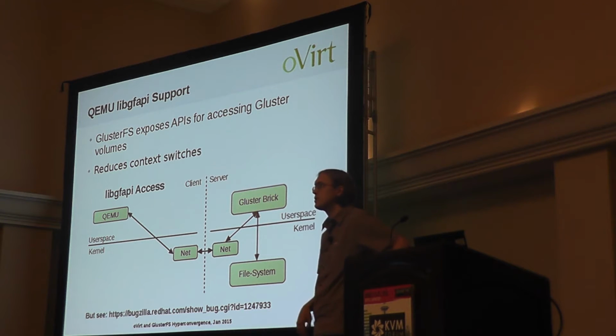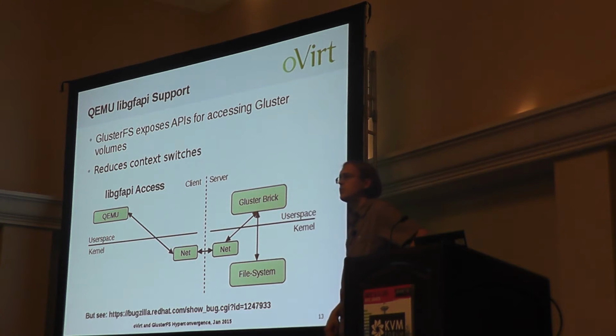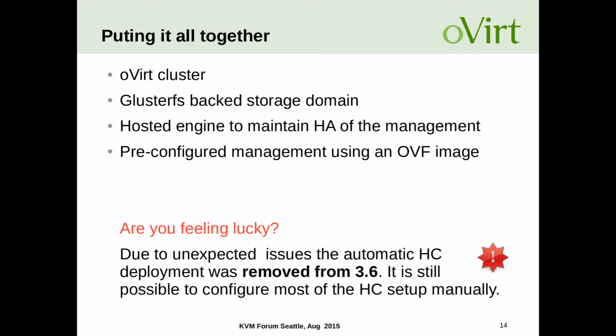That reduces context switches tremendously. It improves the performance, and it's more direct. You can see that at least 3 different steps were removed, so that helps. Kudos to QEMU for supporting that. It's really cool.